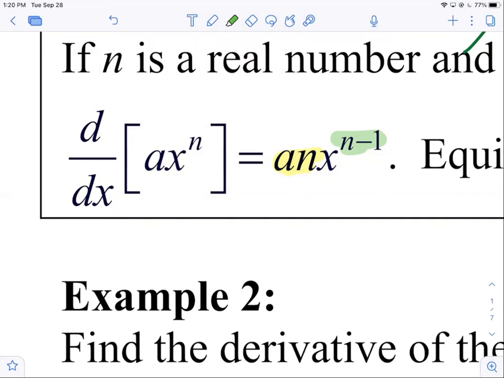How do you find the derivative? Well, you either set up the limit as h goes to 0 of f of x plus h minus f of x all over h, and then do one of those algebraic methods like rationalizing or the conjugate, or simply get your new coefficient by multiplying those two. Coefficient times exponent gives you your new coefficient.